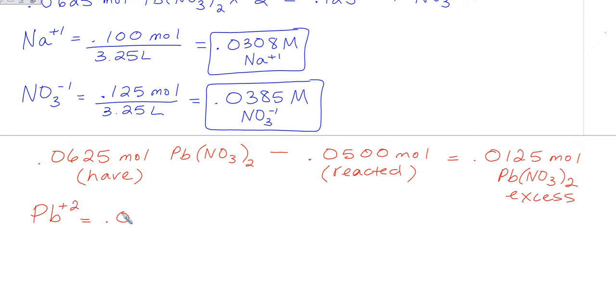There's going to be 0.0125 moles of excess lead ions. And the total volume is still 3.25 liters. All right, so plug this in. Divided by 3.25. With 3 sig figs, we'll say 0.00385. Close, but it's 0.00385. And that's the molarity of the excess lead ion.